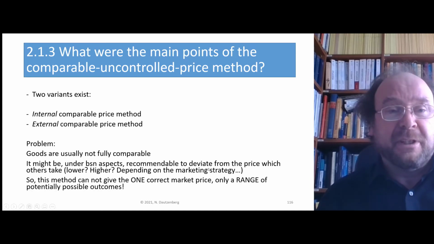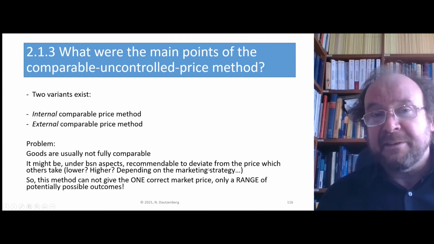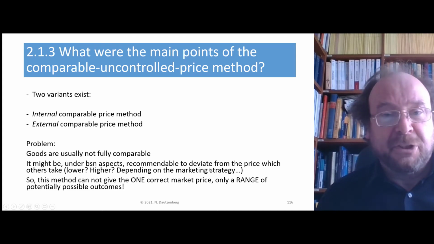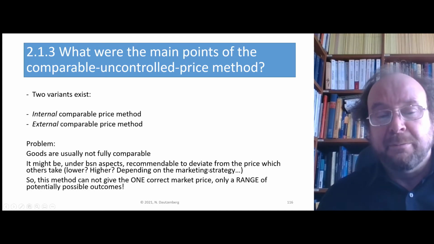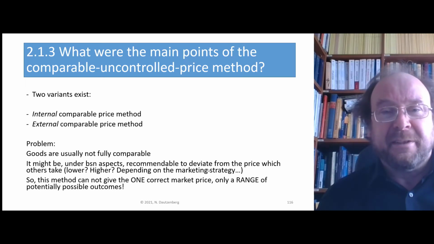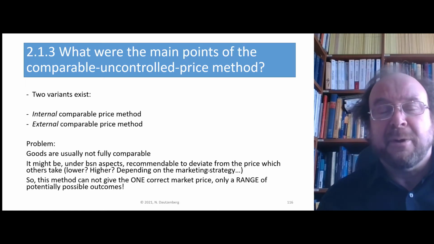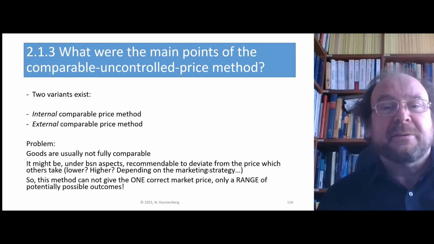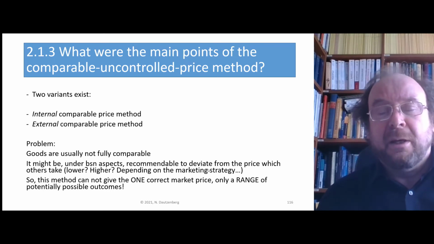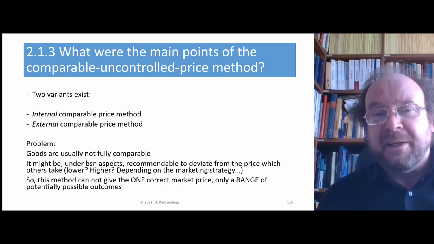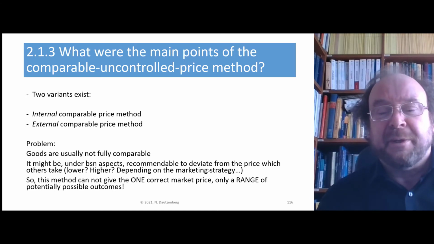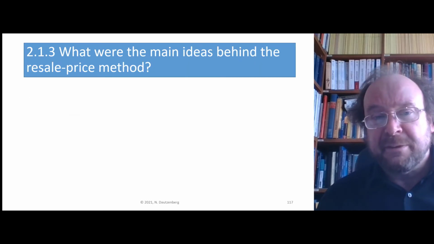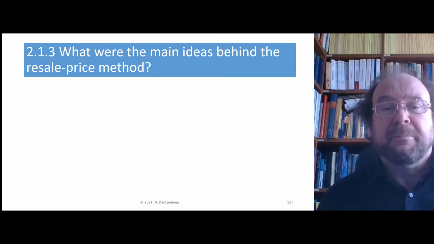So you would have to take that into account and have to show that this is indeed true. So the comparable uncontrolled pricing method can only give you indicators for which price could be justified. But there is not the one and only correct market price, only a range of potential possible outcomes. That seems to be the problem.